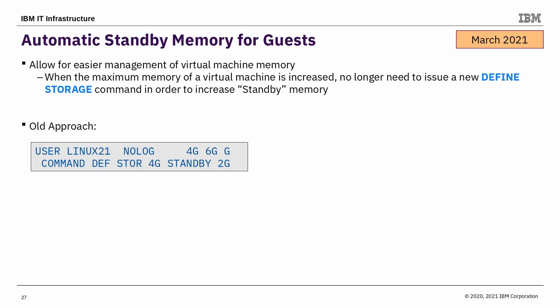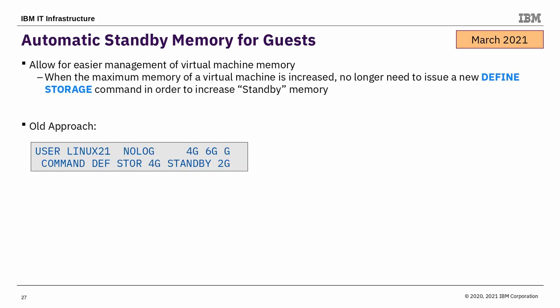So the hot plug memory support in the architecture and so on is a way of allowing an operating system to add memory while everything carries on running in chunks, and take it away again if the operating system supports it. And the way that you present that to virtual machines, to guests, is with a DEFINE STORAGE 4G and then telling it how much to have for standby.